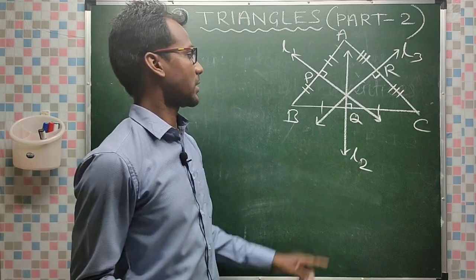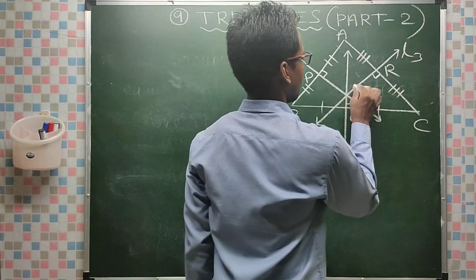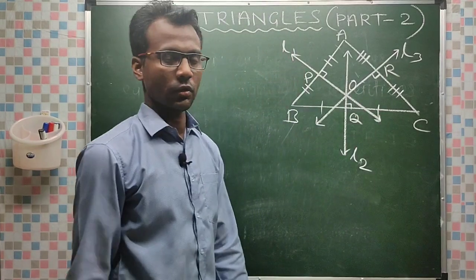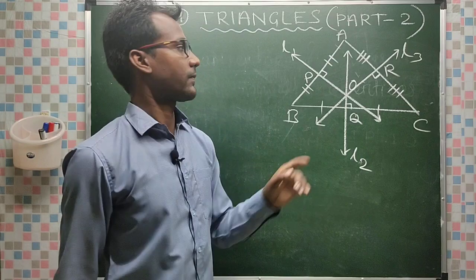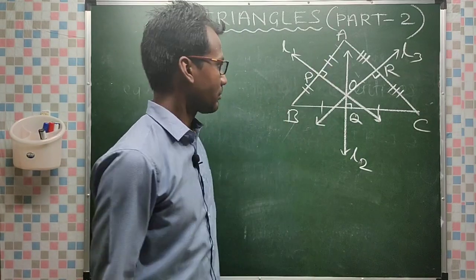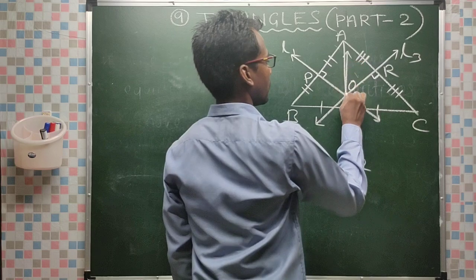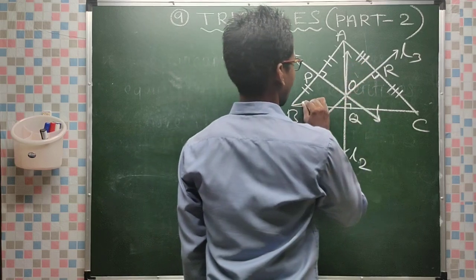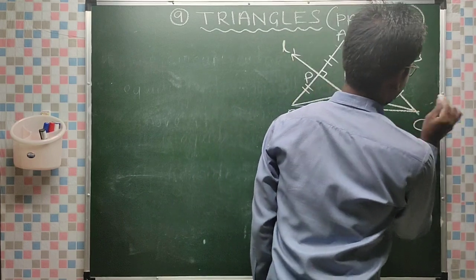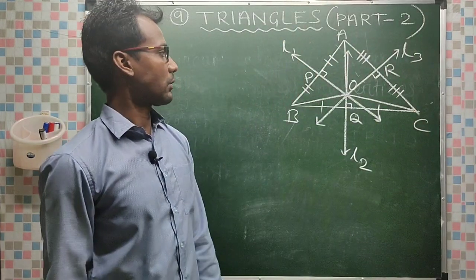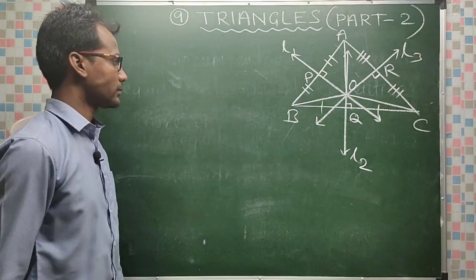They are intersecting each other at a single point, which is the circumcenter. Let us name this O. O is the circumcenter. We have to prove that this point O is equidistant from A, B and C. That means AO is equal to BO is equal to CO. This we have to prove. Let us start.